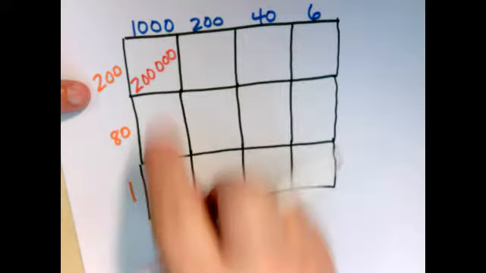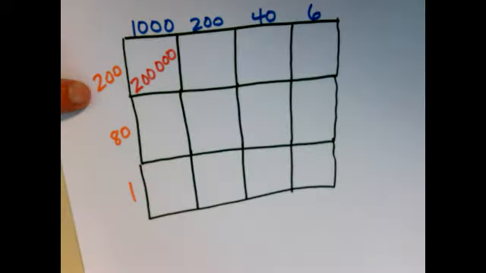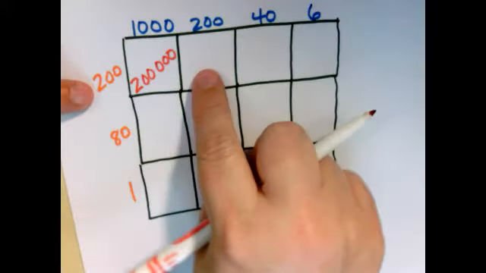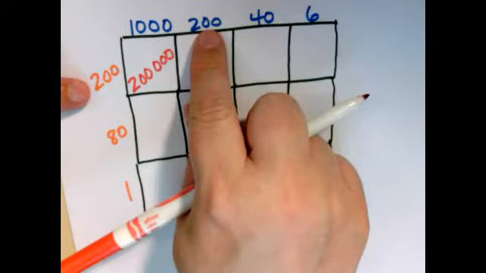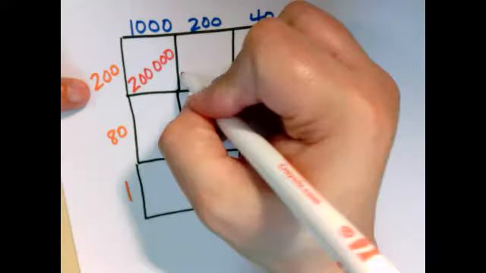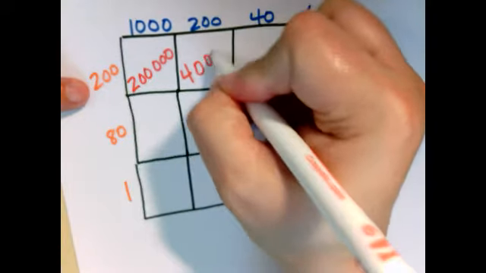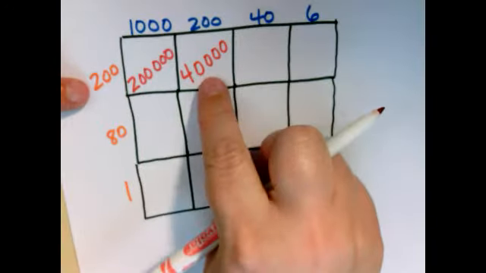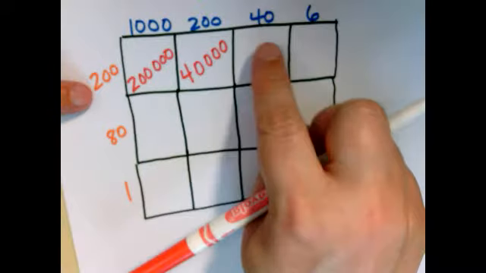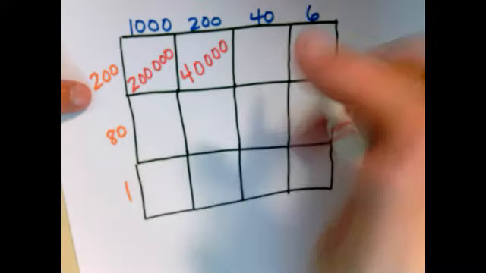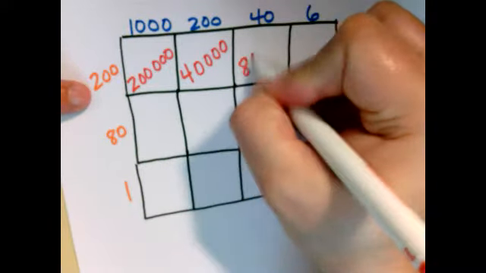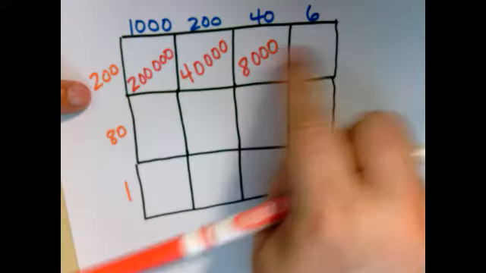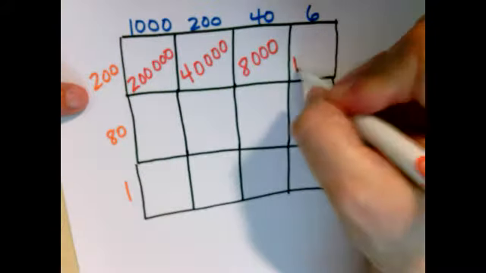So that gives me 200,000. And then I'm going to move over. I have 200 times 200. So that's going to give me 40,000. And now I have 200 times 40. And then I have 200 times 6.